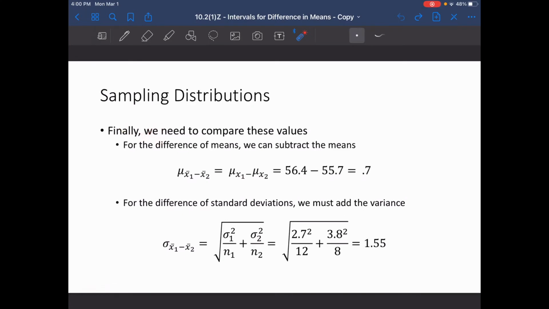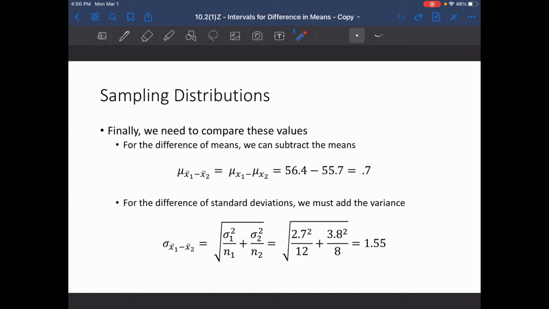And then finally, once we have found those values, we need to compare the two. In order to find the difference of means, all we really need to do is subtract the means. So we would subtract the mean height for the girls minus the mean height for the boys, and we get a difference in mean height of 0.7. And then for the standard deviation of the difference, we must add their variances.